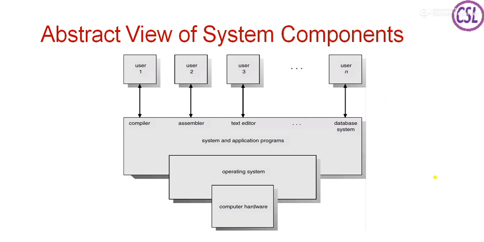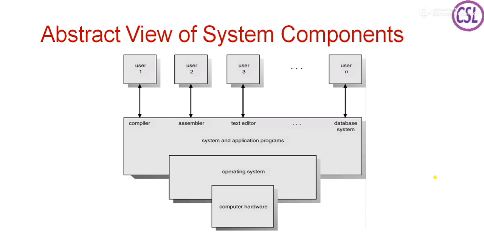That means at the user level, users can communicate directly only through system and application programs. And these system and application programs work based on the operating system. So the operating system here acts as an interface between application programs and computer hardware.